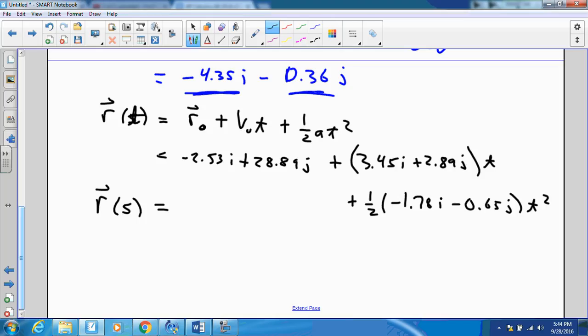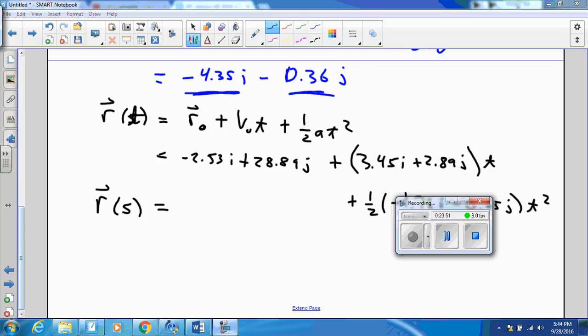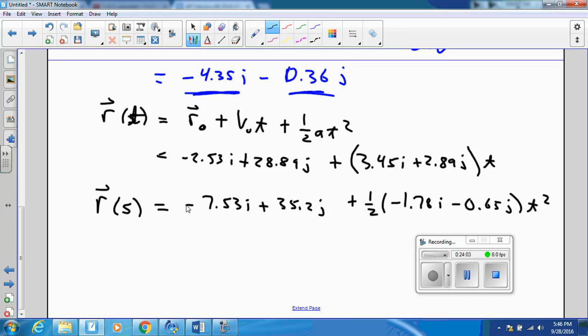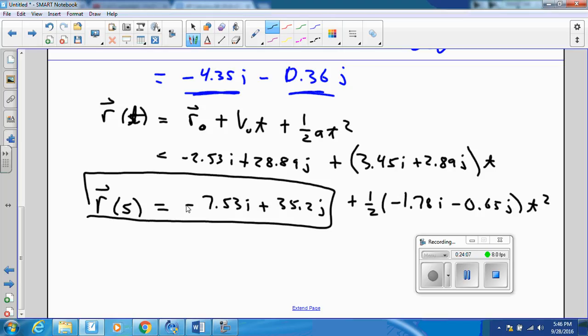And you can plug in t equals 5. So this was r of t, excuse me. And then you get r of 5 and plug in and simplify. And when you do, you get that the final position is equal to negative 7.53i plus 35.2j.